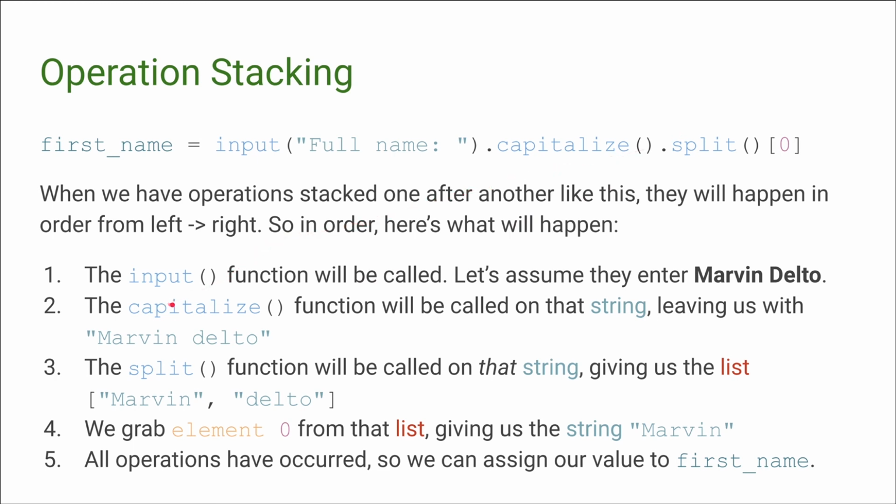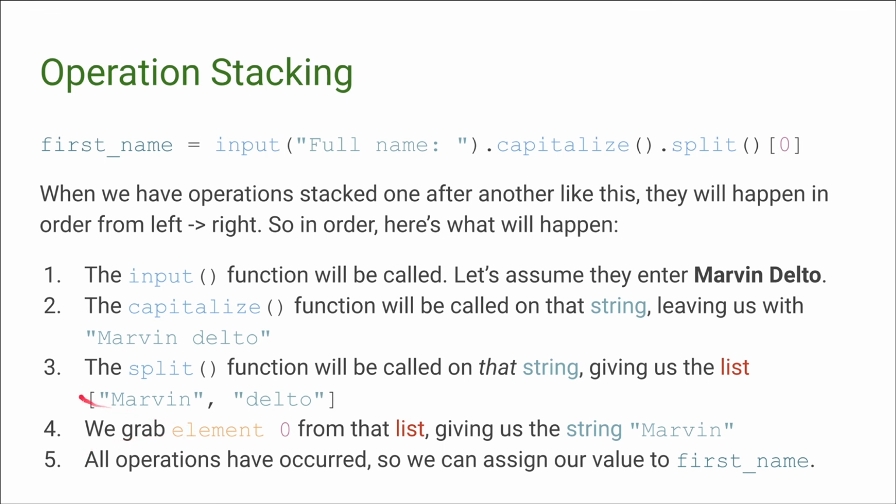So our split is going to take this string that we have and turn it into a list where each word in our string becomes its own element. So split's going to give us the list Marvin, Delto. And then lastly, those square brackets, we're going to grab index 0 out of the list that's returned by split.